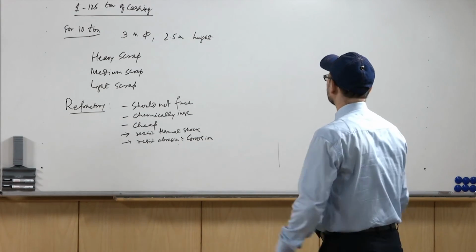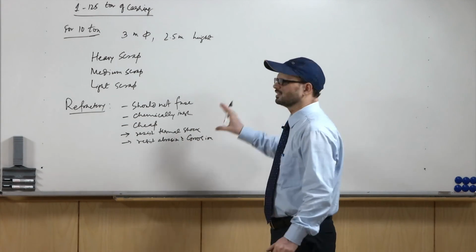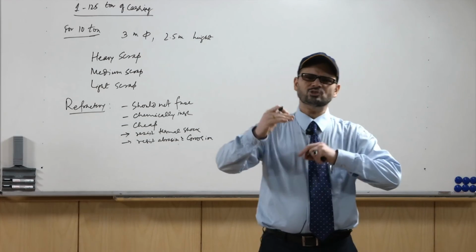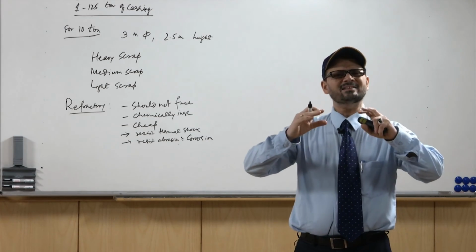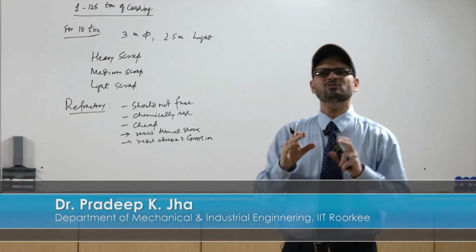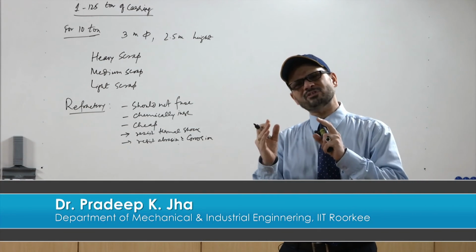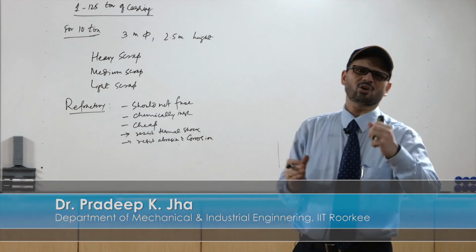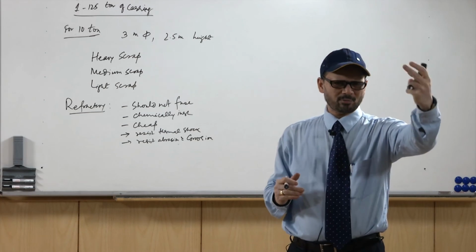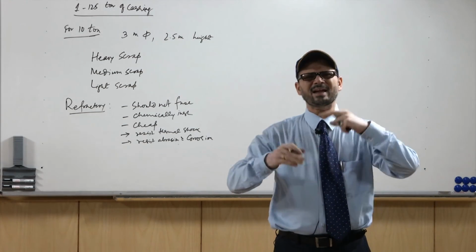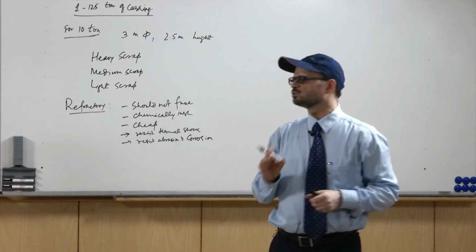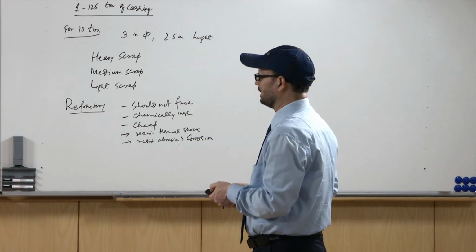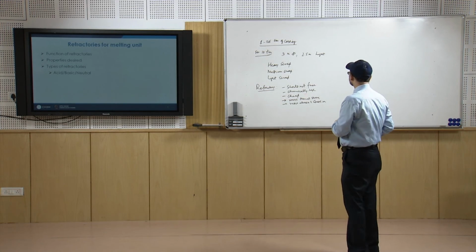One has superior properties, but maybe at the expense of the cost. So, one may be cheaper, another may be costlier, but may have a better property. Depending upon what kind of requirement you have, you can use these different kinds of properties.